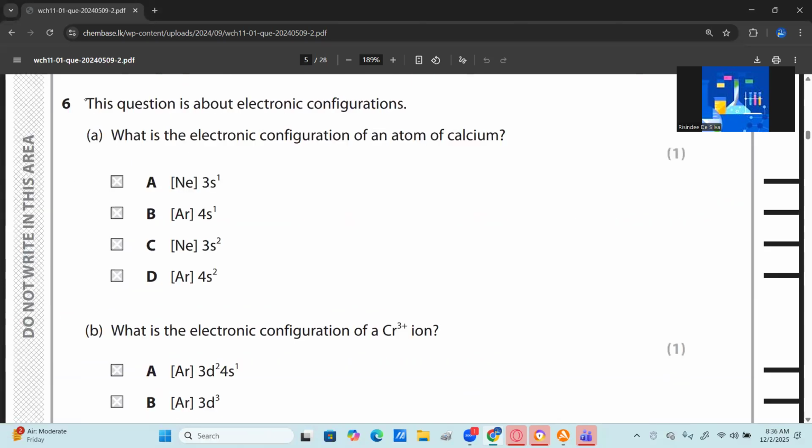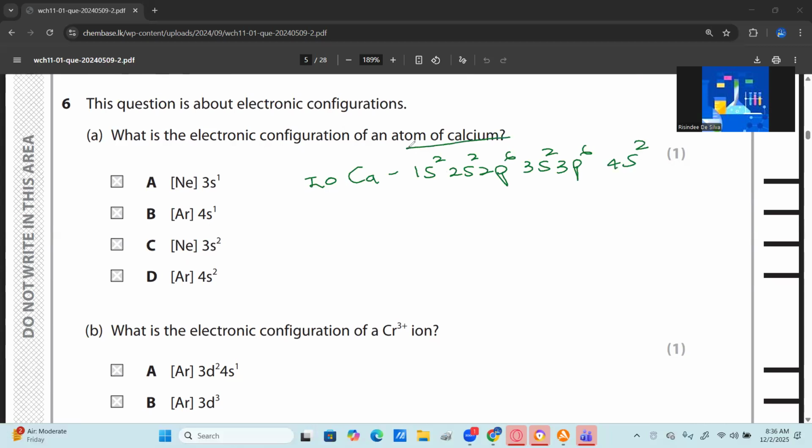This question is about electronic configuration. What is the electronic configuration of an atom of calcium? We know the atomic number of calcium is 20: 1s2, 2s2, 2p6, 3s2, 3p6, and 4s2.